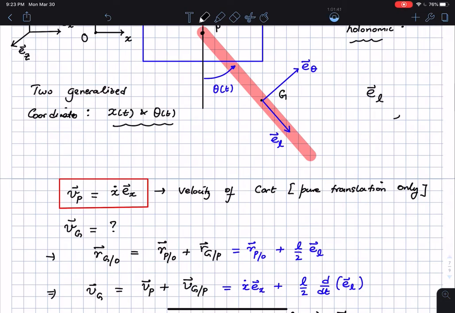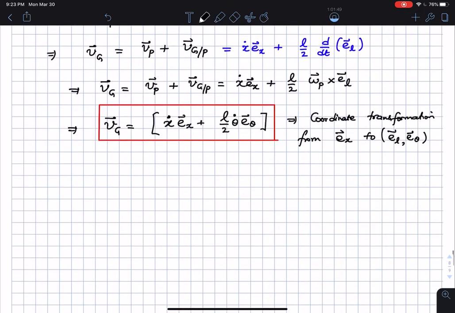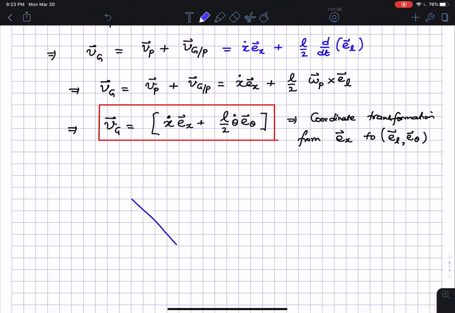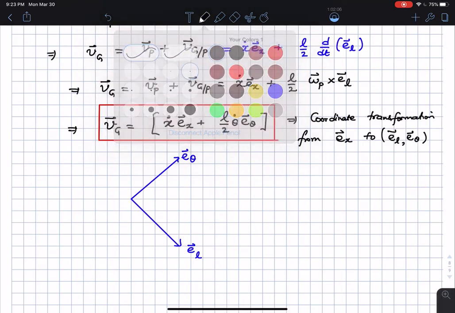If I set up the coordinate system, here is what I end up getting. Here was EL, and this was E theta, and then here was Ex.